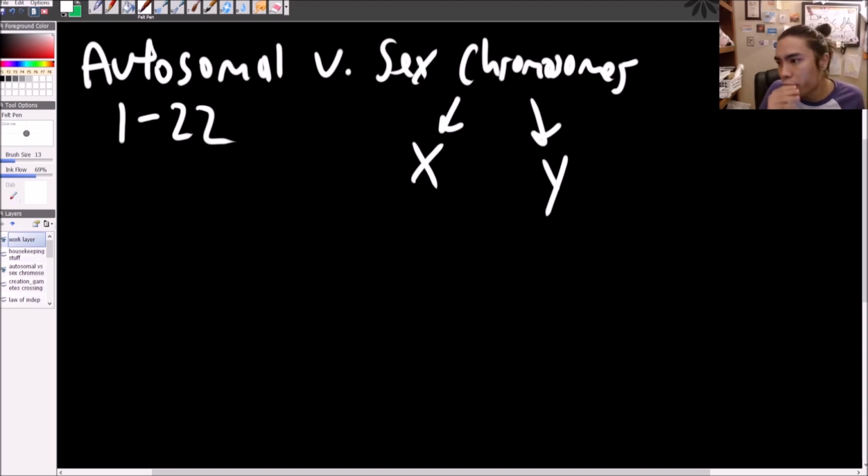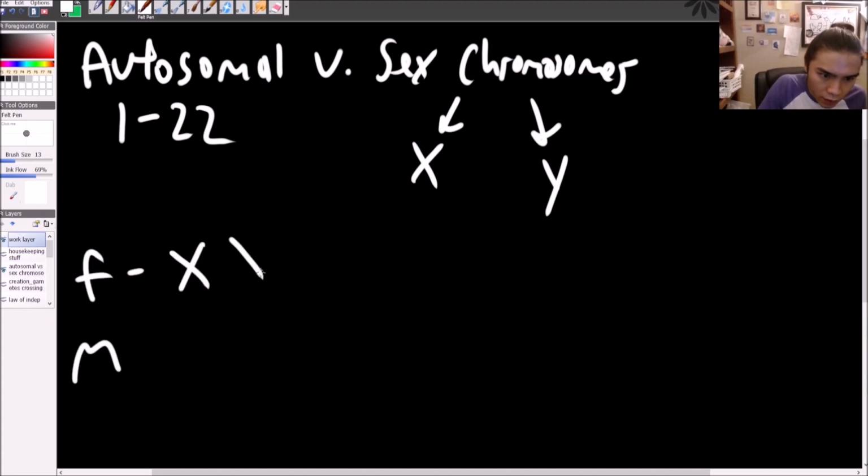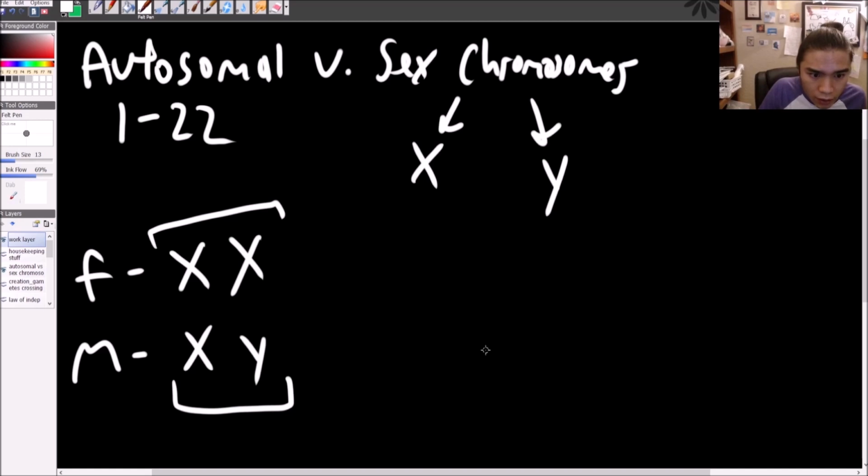On the Y chromosome, there are genes that help produce the development of the testes, for example. And the presence of two X's would determine female genitalia and so on. So the females have two X chromosomes, which are homologous to one another. The males have one X and one Y, and these are not homologous.